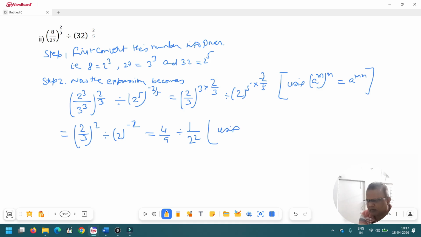using a का power minus n equal to 1 by a का power n, equal to 4 by 9 multiplied by 2 square, equal to 4 into 4 by 9, equal to 16 by 9.